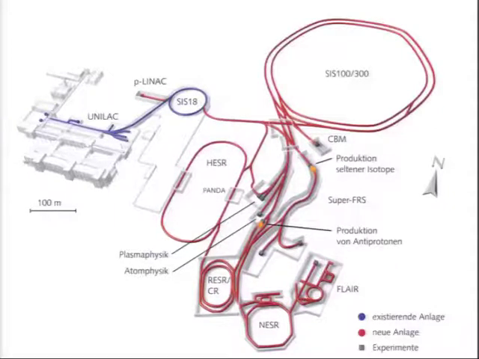The F from FAIR means facility because we have lots of experiments here. CBM, the condensed baryon matter experiment, deals with quantum chromodynamics, going to high baryon density and studying the physics in these fields. The second key feature of this accelerator is high luminosity. This means it's not only energy, luminosity is particle density in the beam.